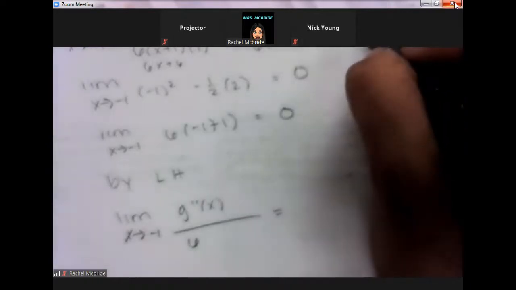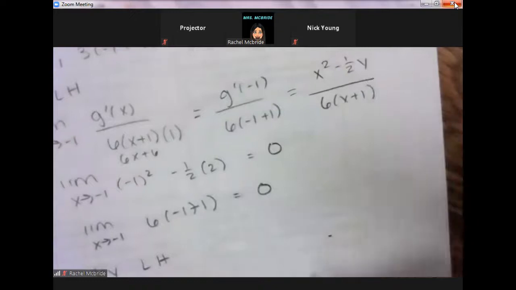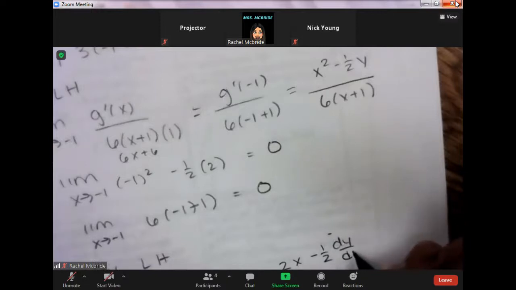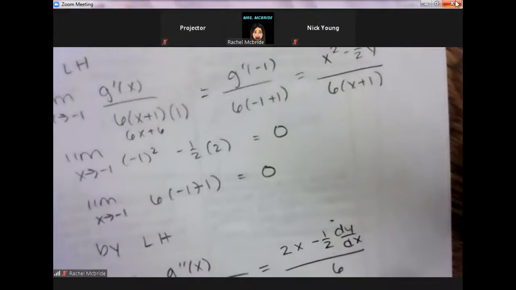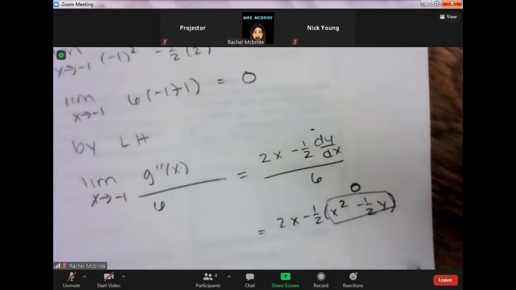And the derivative here of that x squared minus 1/2 y would be 2x minus 1/2 dy dx, which is actually that problem, which we already said is 0 from the previous time.